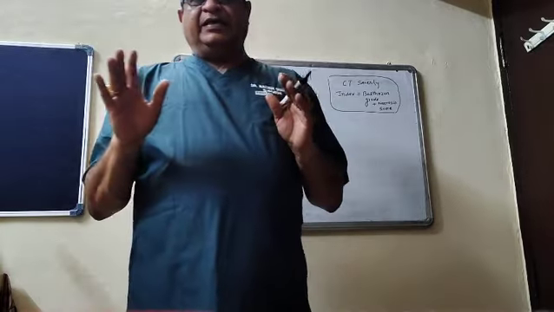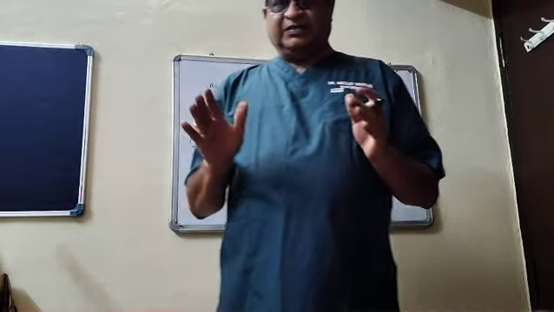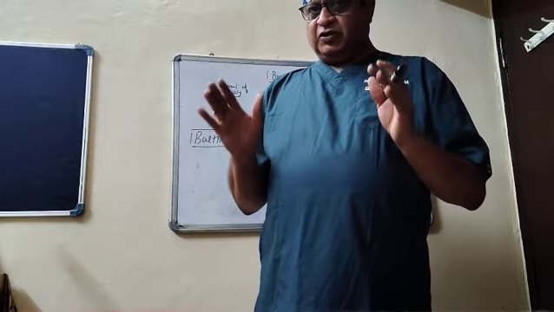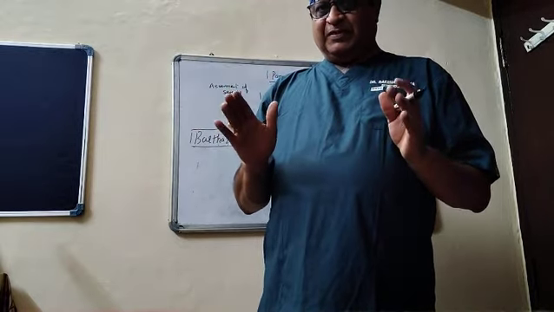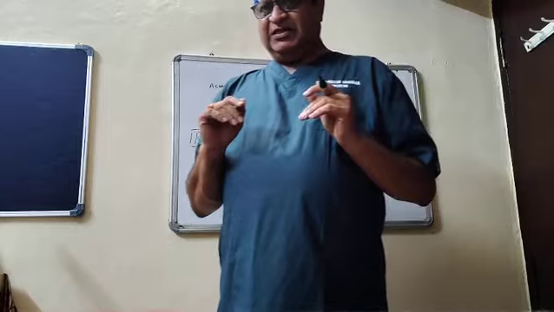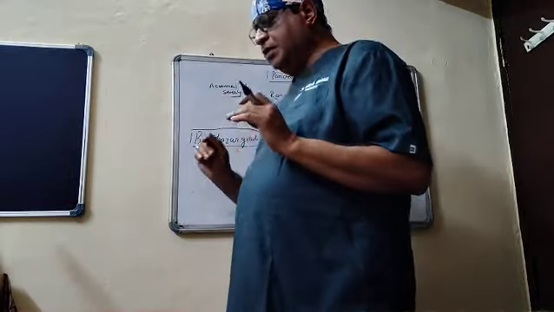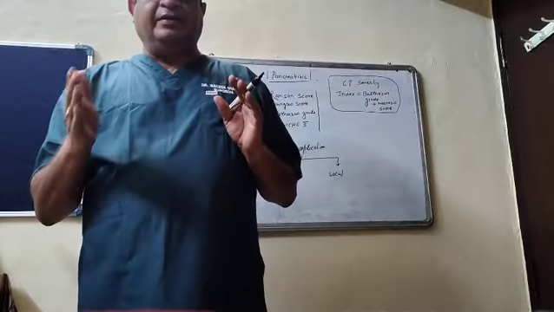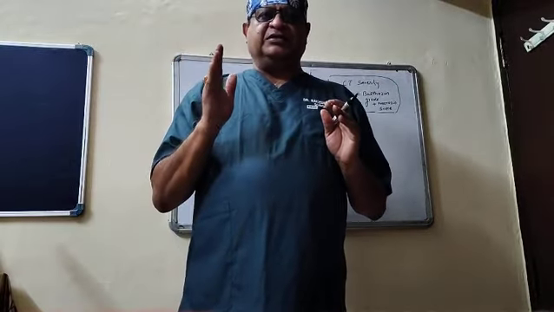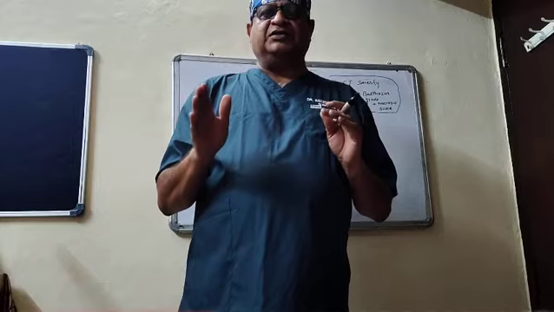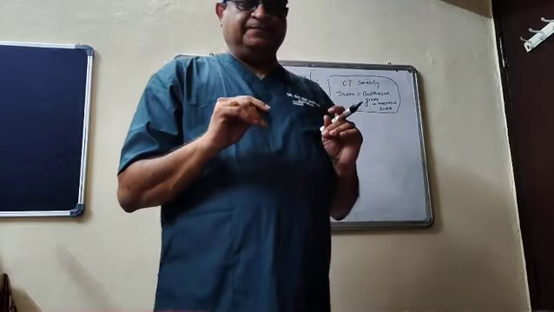In the GIT, in case of inflammation, there is ileus, with bowel sounds absent or mild sluggish peristalsis present. Hematologically, DIC is very common. Disseminated intravascular coagulation is a complication of pancreatitis.